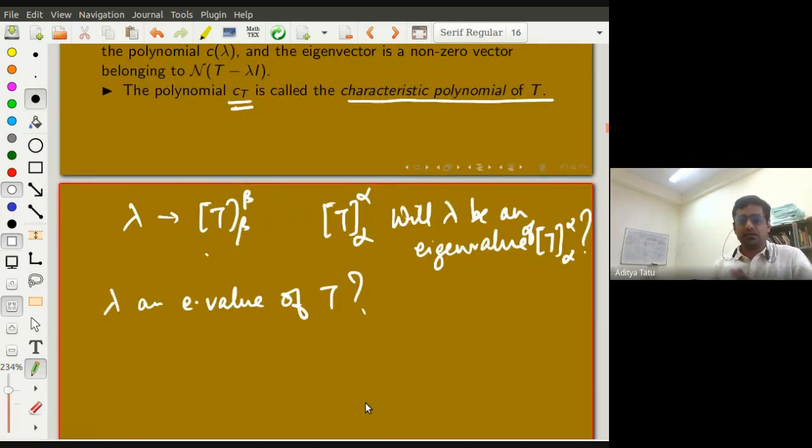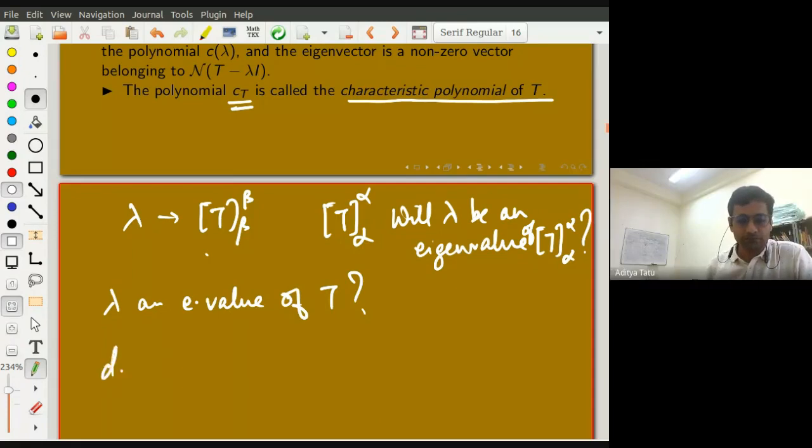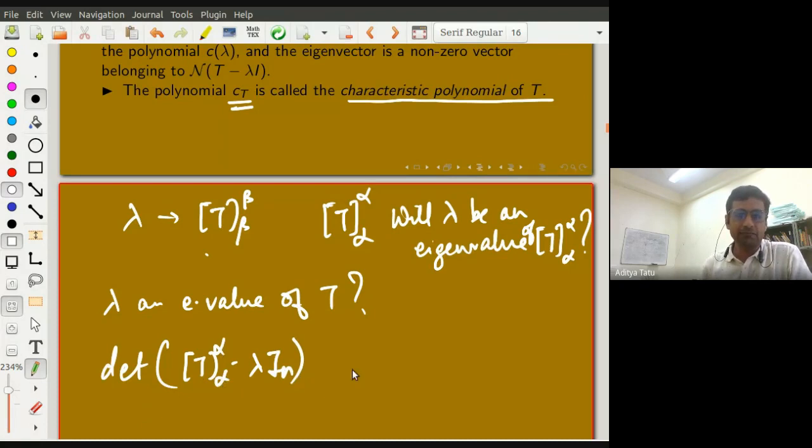Okay. The issue is clear. Maybe the answer is no, but is the issue understood by everyone? Yes, sir. Okay, so now let us see what happens. What is the relation between T alpha alpha and T beta beta?